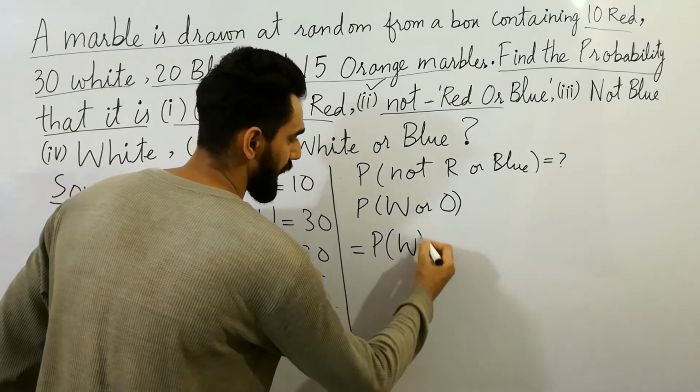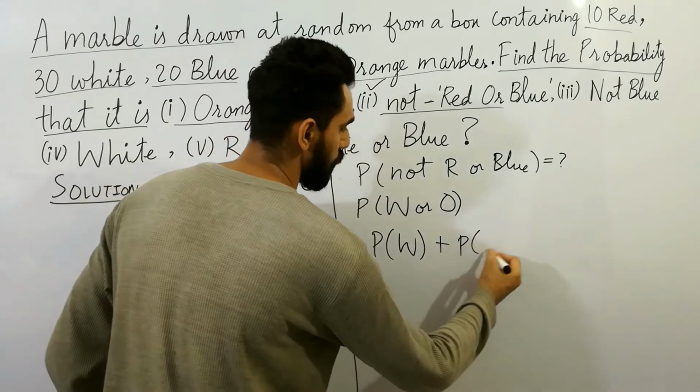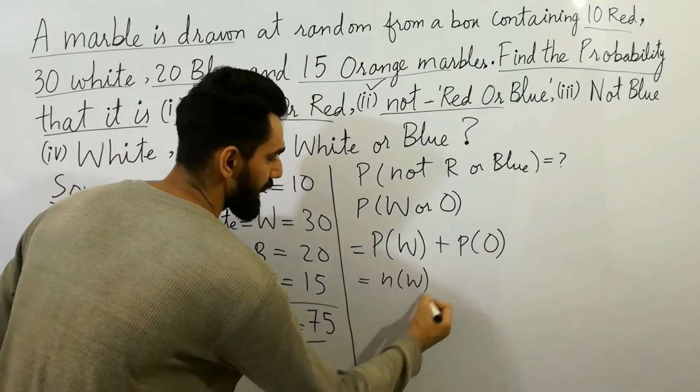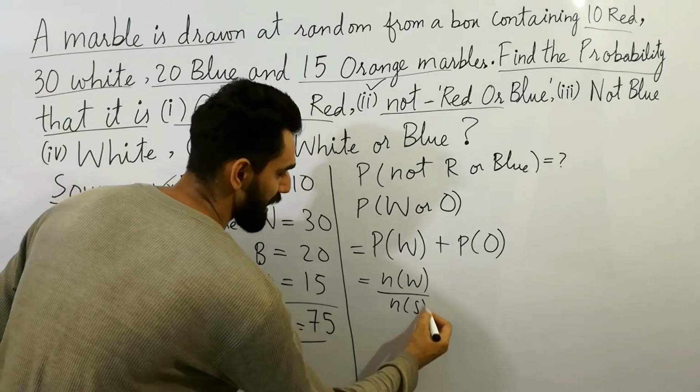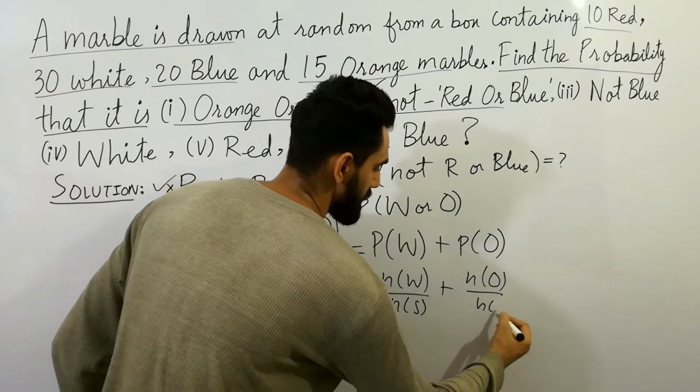The probability of white or orange is the probability of W plus the probability of O. That is the number in white over the number in sample space, plus the number in orange over the number in sample space.